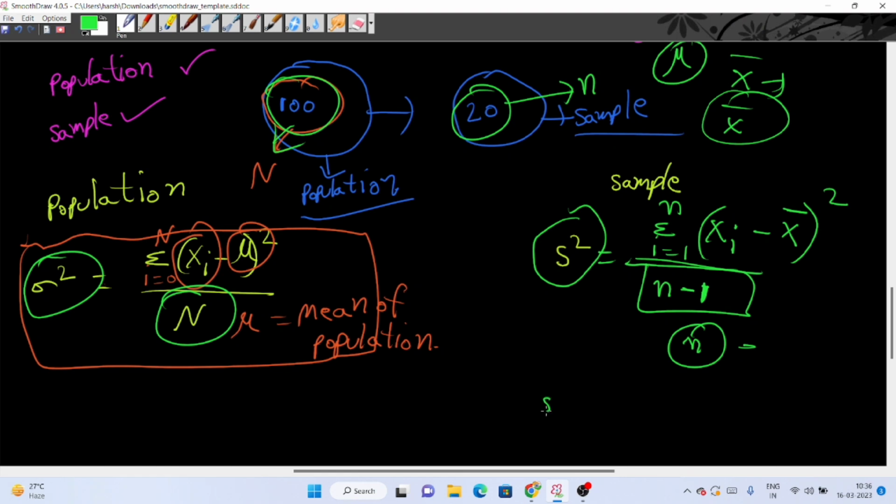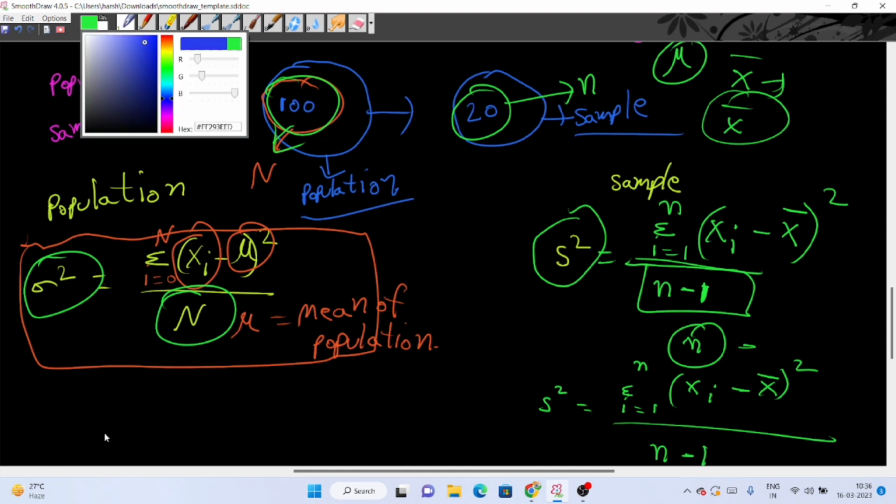For sample variance, we use S square, which is sigma from i equal to 1 to n of xi, the particular data points, minus x bar, which is the mean of the sample, whole square, divided by n minus 1.